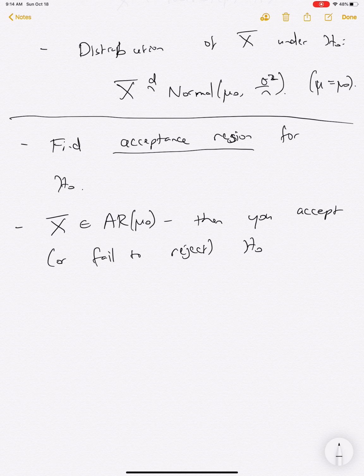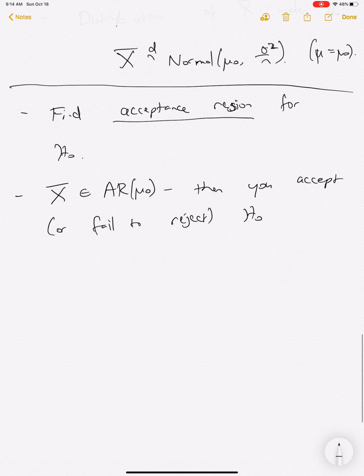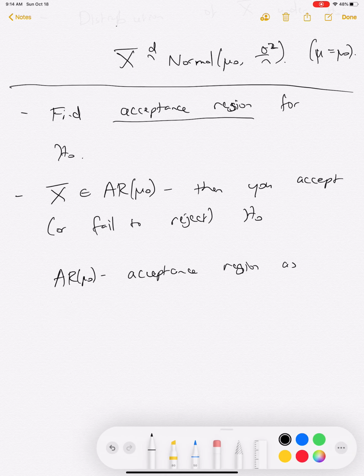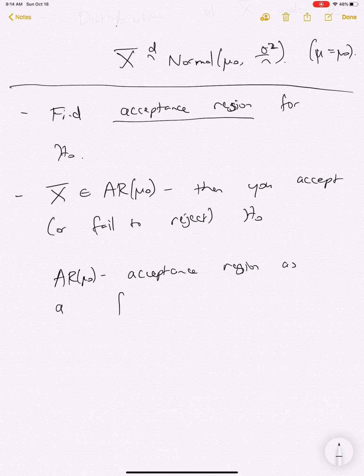So you accept or fail to reject H naught. And so what this means is that AR of mu naught is the acceptance region as a function of mu zero.